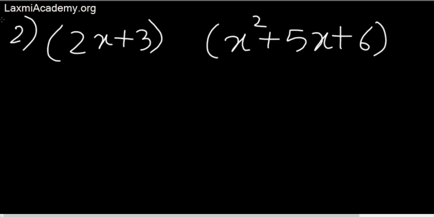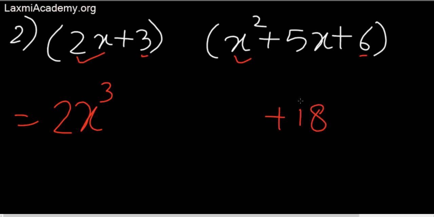Here again, for the first term you multiply the first term with the first term. 2x times x squared is 2x cubed. Then to find the last term, you multiply the last term with the last term, which is positive 18. 3 times 6 is 18.